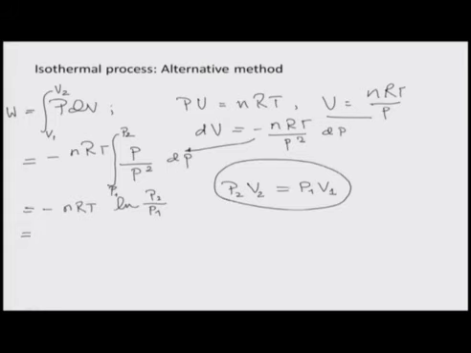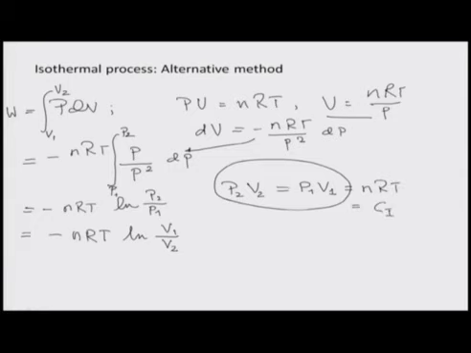Now use this result: P2 by P1 is actually V1 by V2, so nRT log V1 by V2. This nRT is always equal to the constant Ci I mentioned.